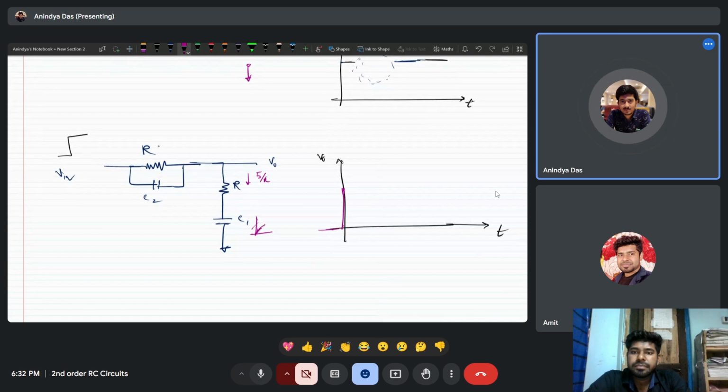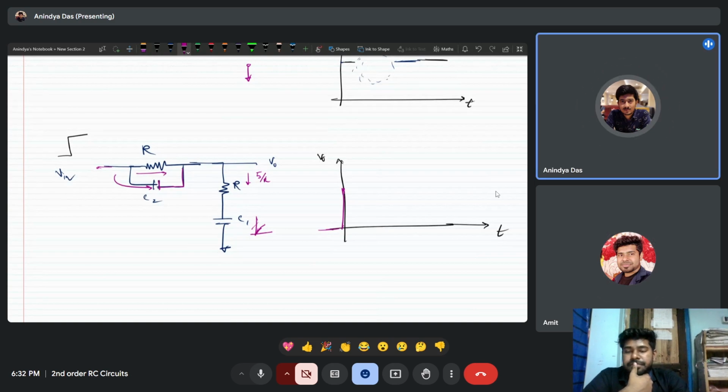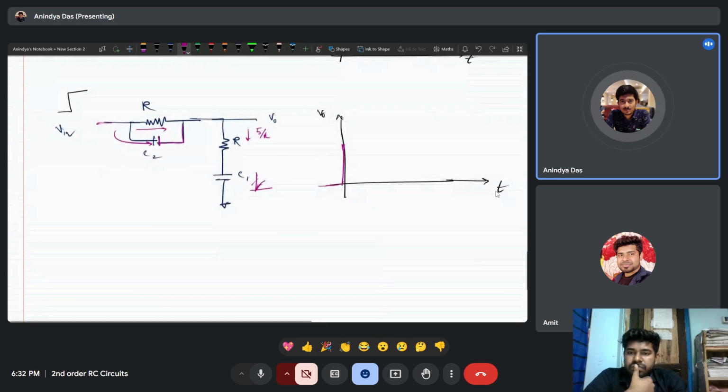And this current is coming from the branch here, C2 and R. So the C2 capacitor also charges. If the current is coming to the C2 branch, voltage is developed across this capacitor.